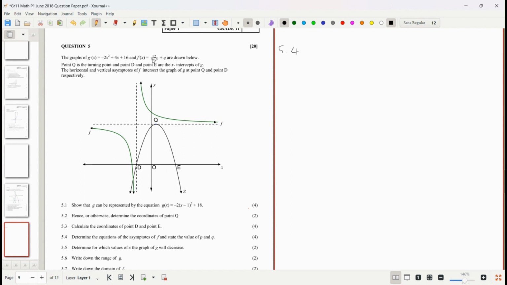So we can see the p ones here are the x asymptote, and then the q ones are the y asymptote. So the one that's affecting the x asymptote is p.